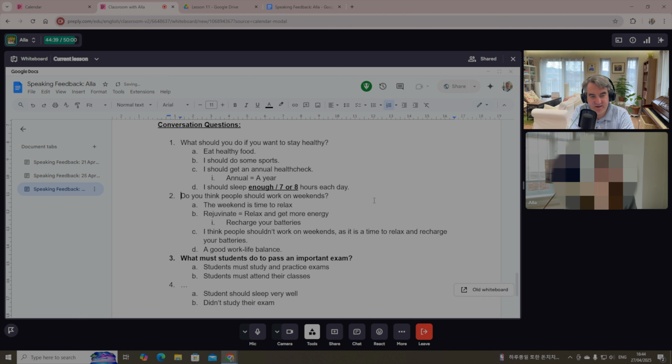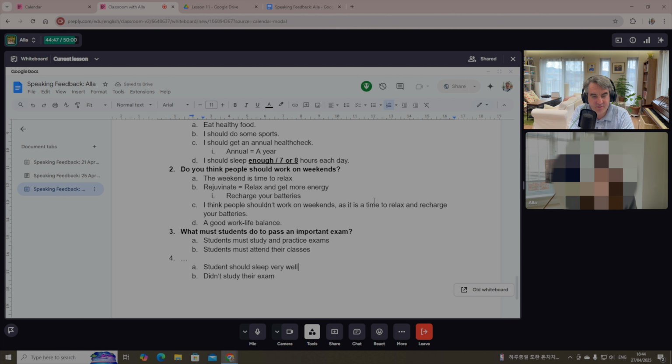Students must study and practice exams. Students must attend their classes. That's fine. And then we can change it slightly to what should students do.